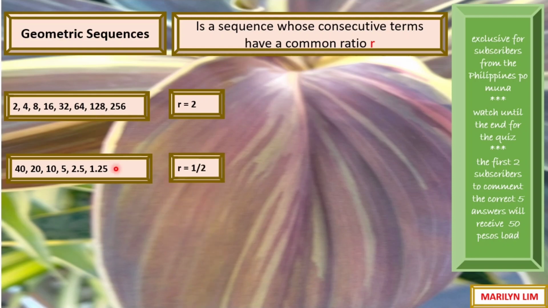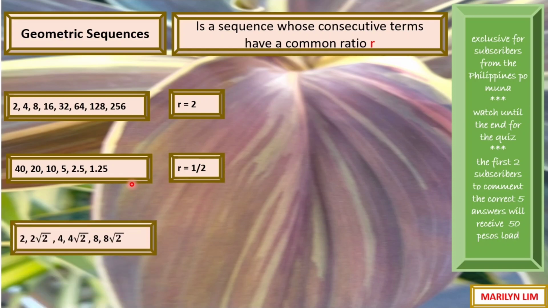And how about example number 2, is our given geometric or not? Let's see, the common ratio is 1/2, that is another example of a geometric sequence. How about the third example? Is that a geometric sequence or not?